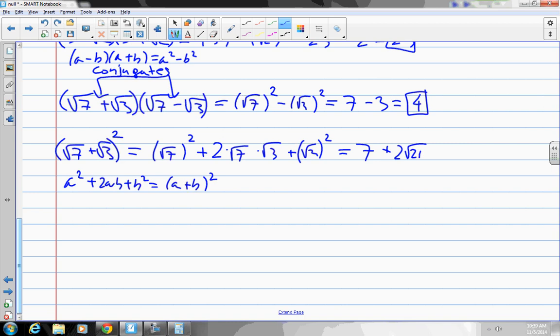What's the square root of 3 squared? 3. So 7 plus 3 is 10, and plus 2 square roots of 21. Nothing else I can do with that. Those are not like terms. That's my answer. Right?